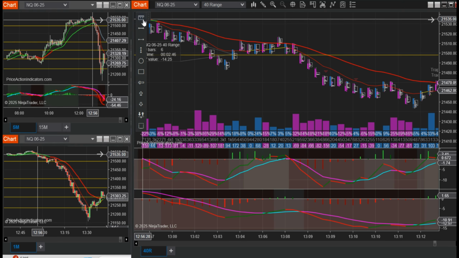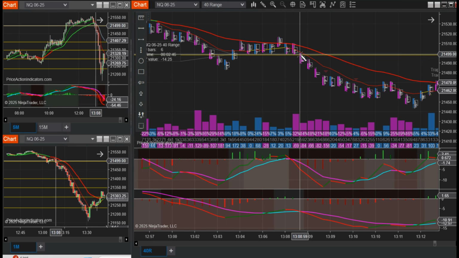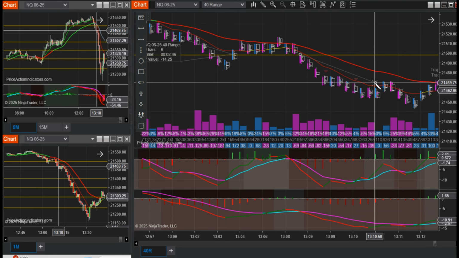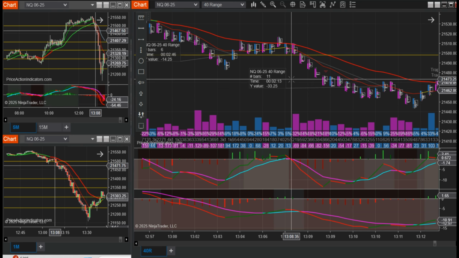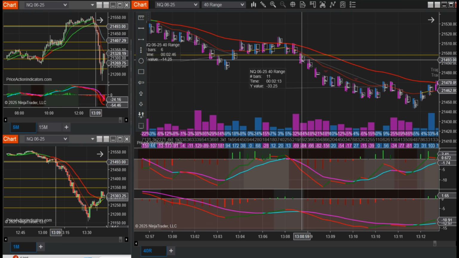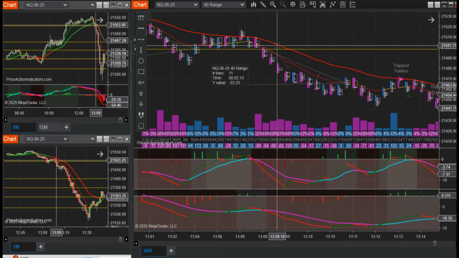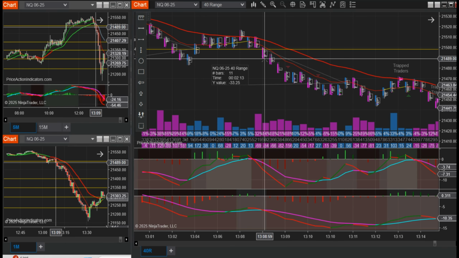But this one he took, I think he got like 26 points out of it. And it was 32 because he got in a little bit down here on this. Okay? I think he actually waited for this candle to close as it crossed down. All right? Yep, and he got it a little as it was going.